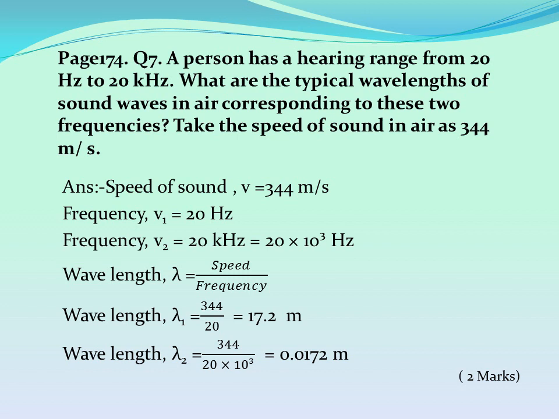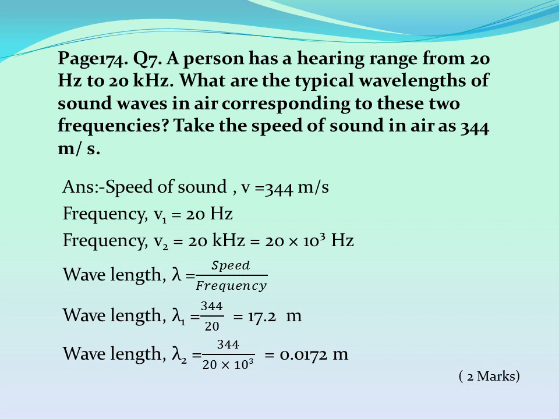Answer: speed of sound V equals 344 meter per second. Frequency V1 equals 20 Hz. Frequency V2 equals 20 kHz equals 20 into 10 raised to 3 Hertz. Wavelength lambda equals speed by frequency.